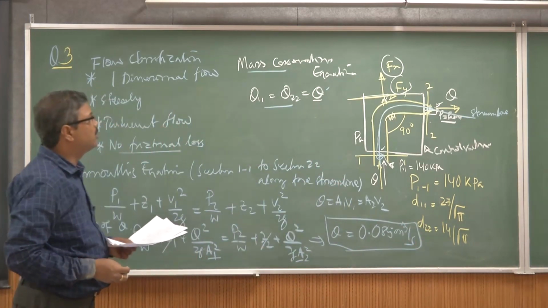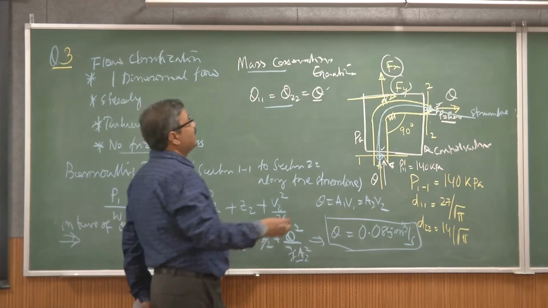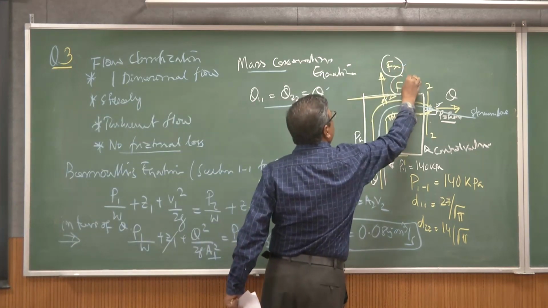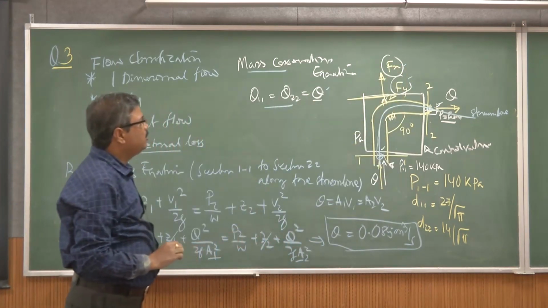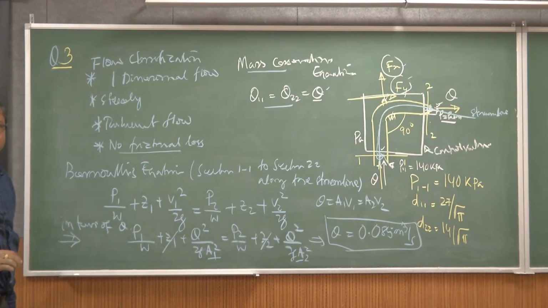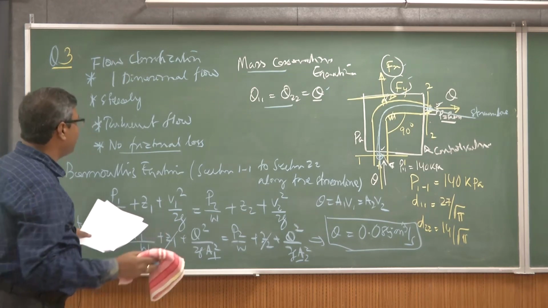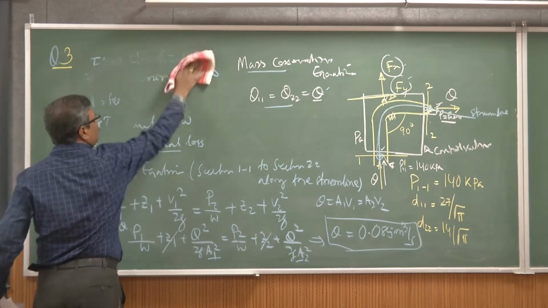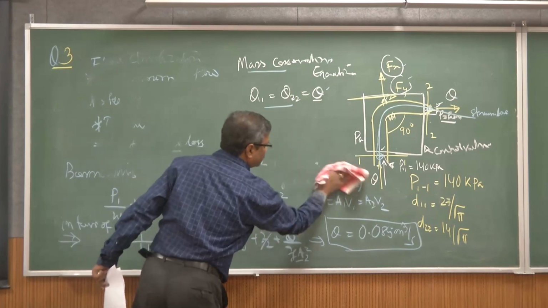Once I know the Q value, to estimate the force components, we are going to apply the linear momentum equations. Let us apply the linear momentum equations for this problem.